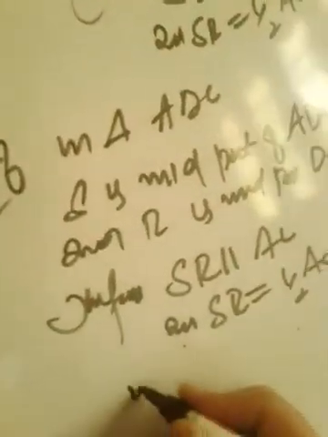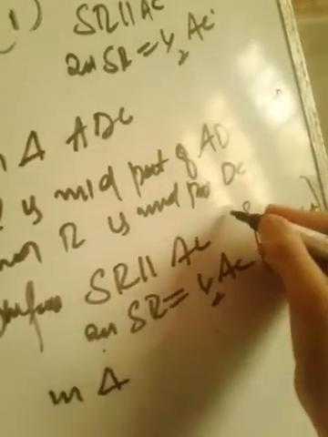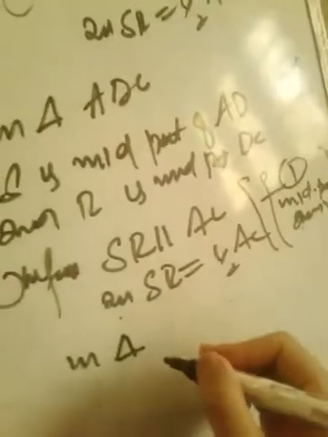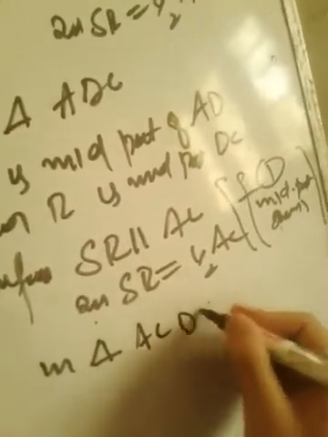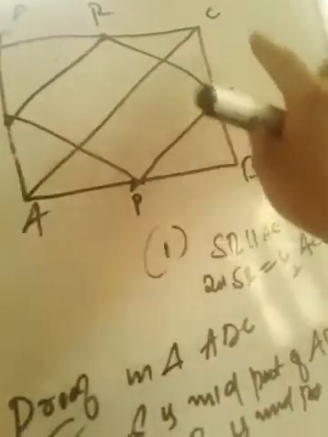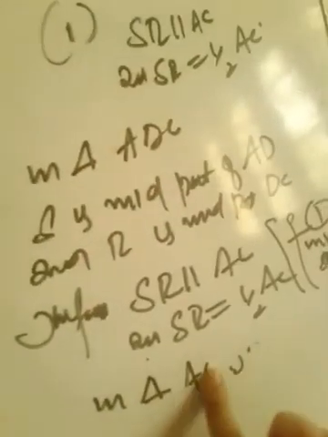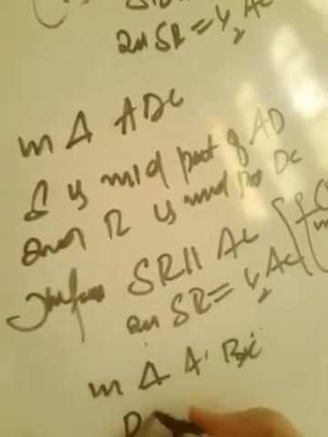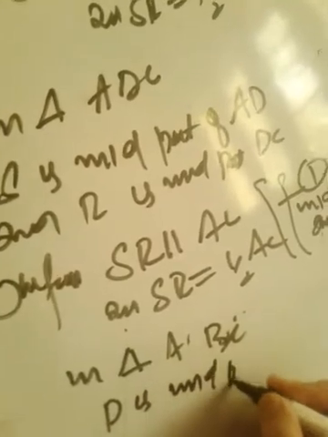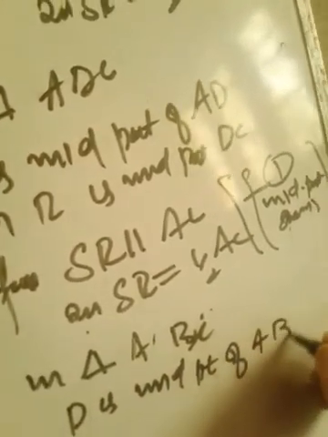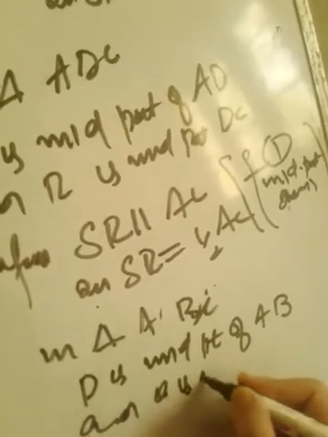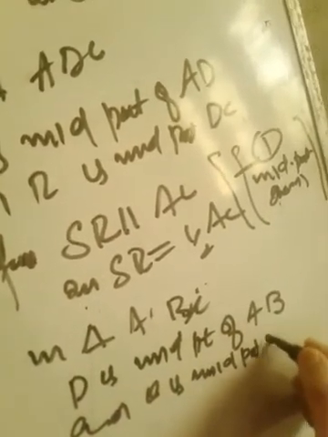In triangle ABC, we have to prove that PQ equals SR. P is the midpoint of AB and Q is the midpoint of BC.